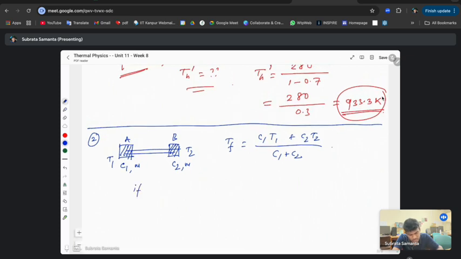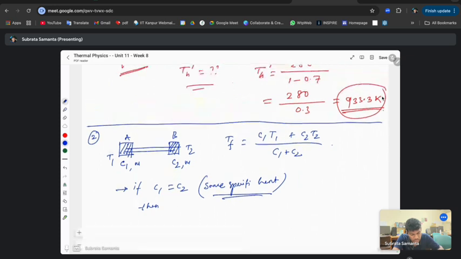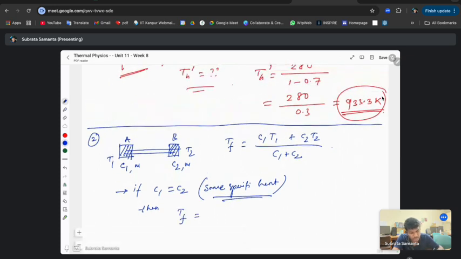So if C1 equals C2 equals C, that means equal or the same specific heat, then your final temperature Tf is basically one half times T1 plus T2.